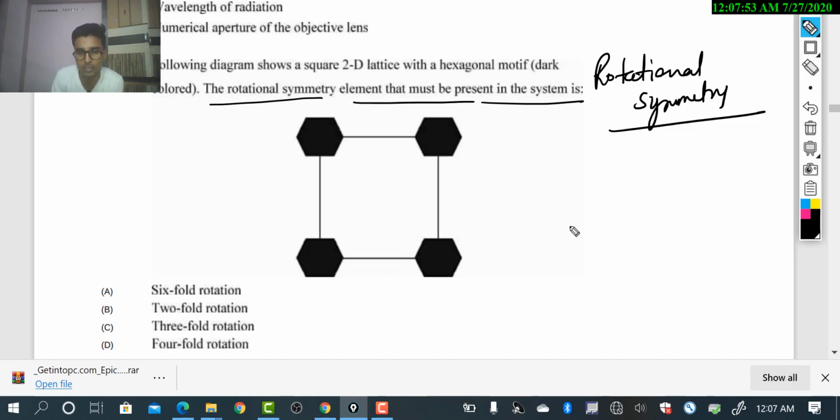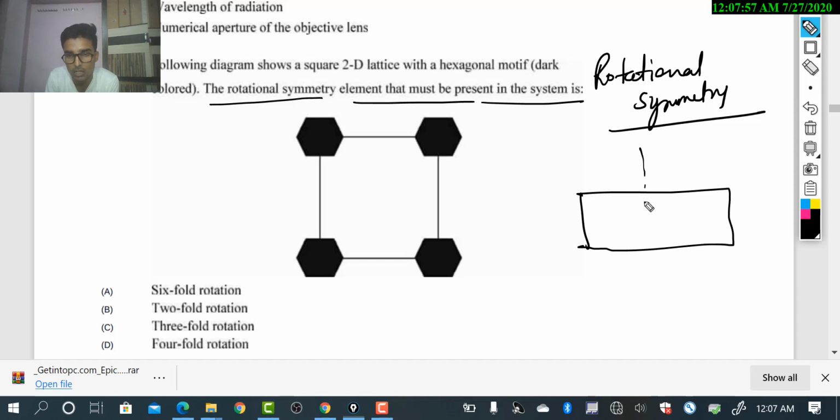Let's take the example of a rectangle. If it is 2-fold, it means it is repeating itself 2 times in a whole rotation of 360 degrees.